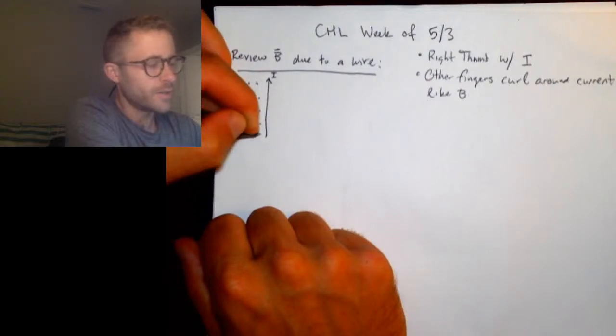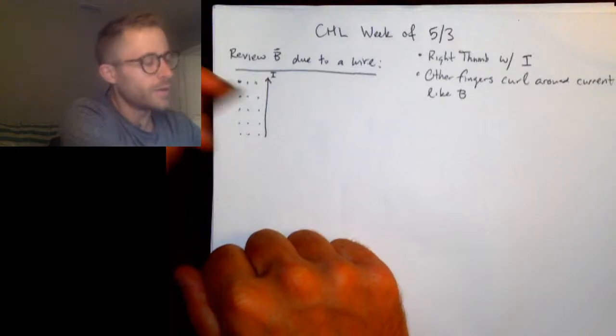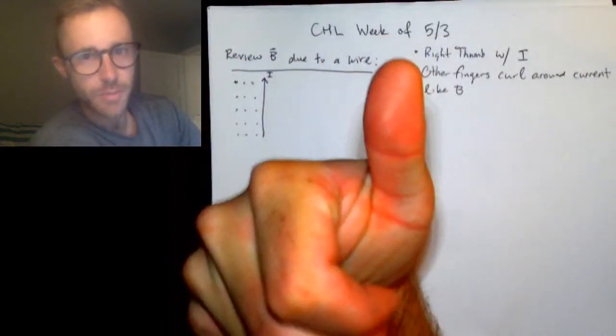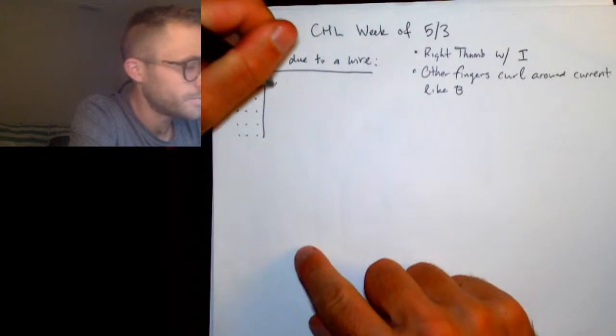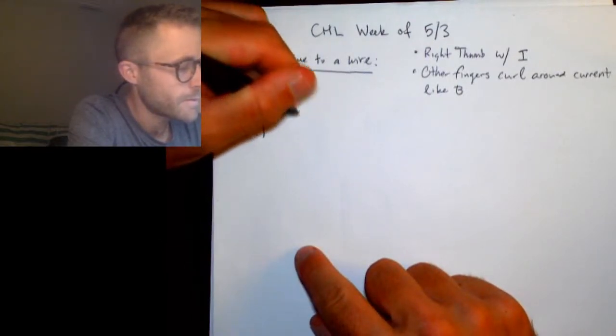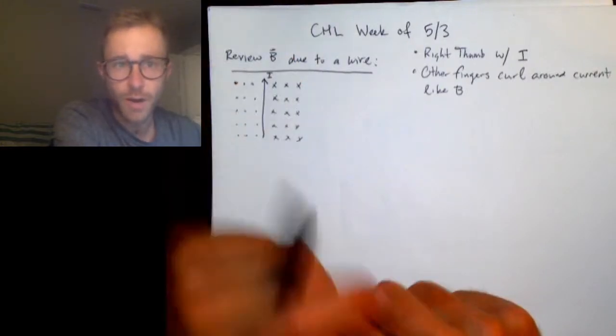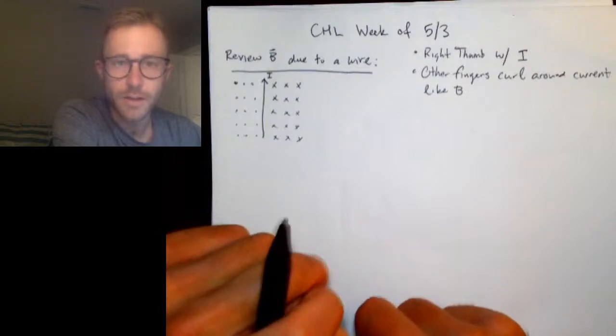And obviously the magnetic field is going to be stronger closer to the wire. And then it curls back into the page on the other side.